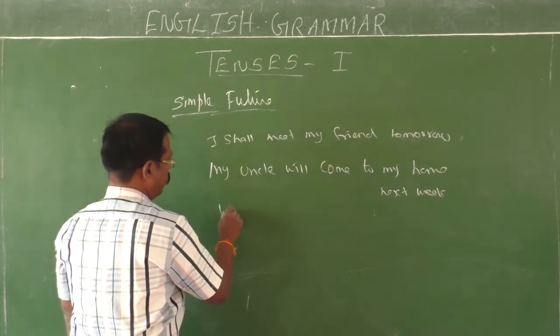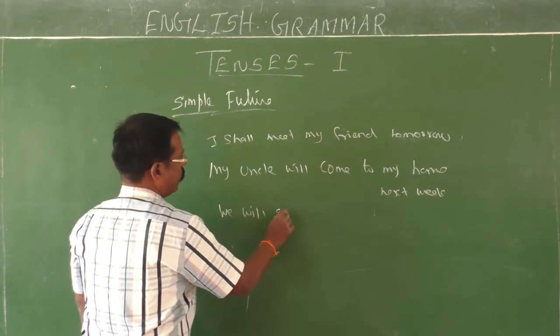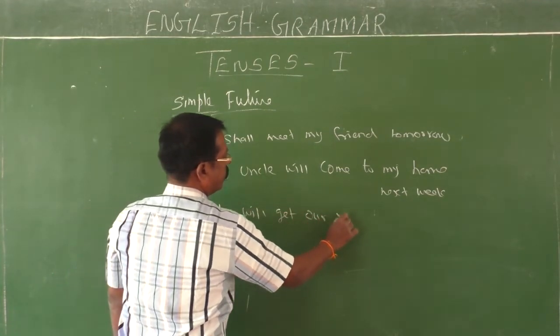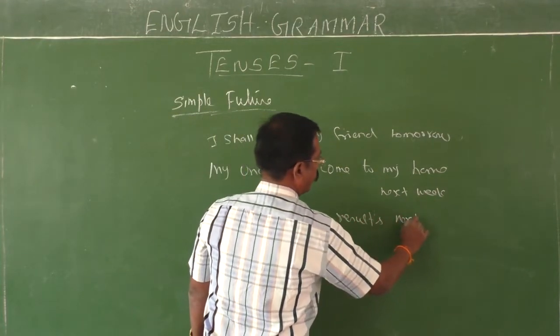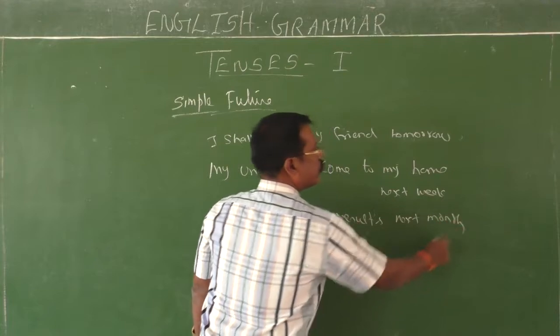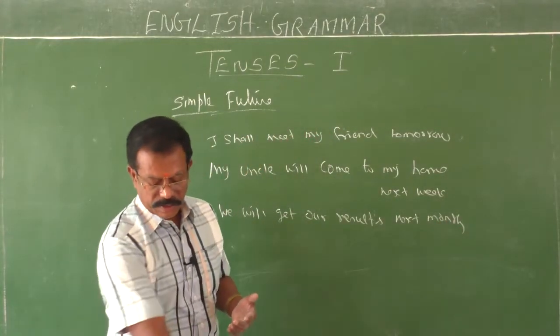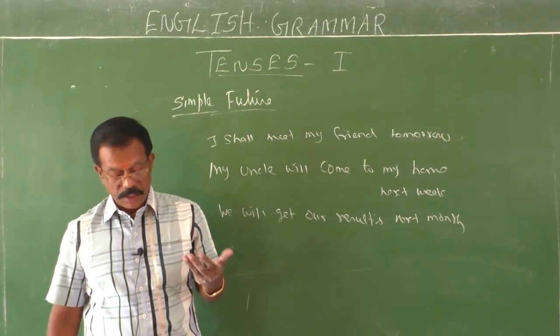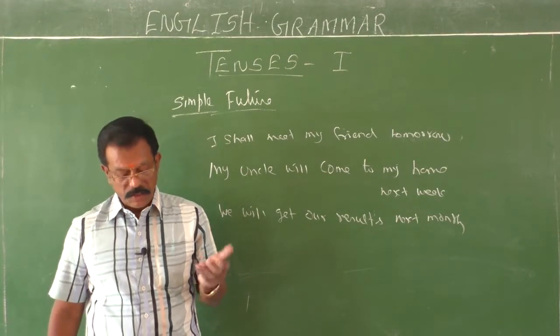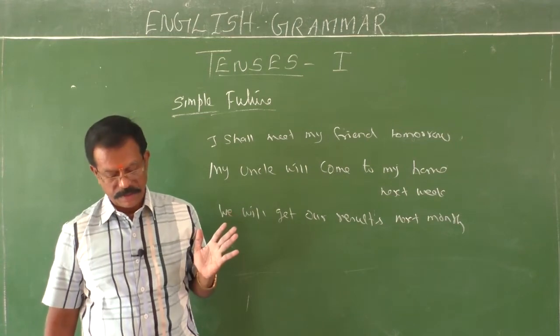We will get our results next month. So when you are going to say that something is going to happen in the future or to predict future movement, you can use this simple future.